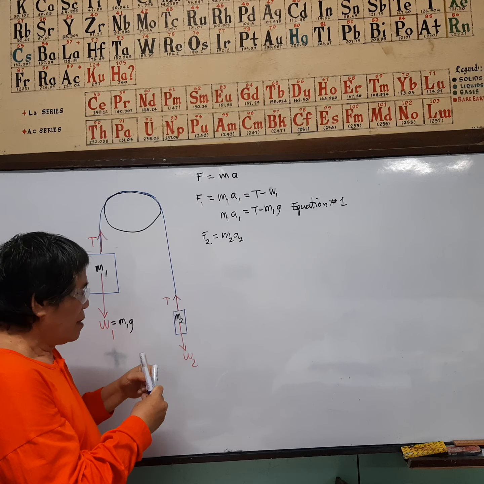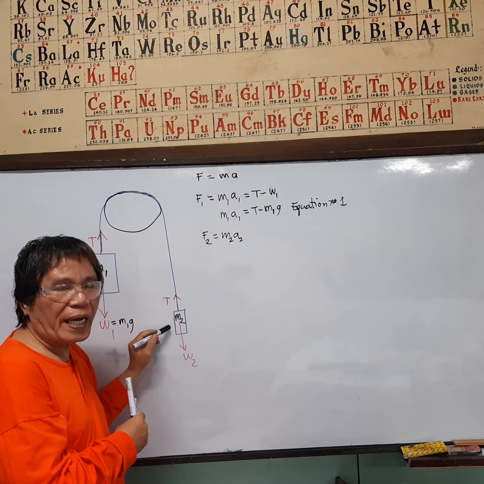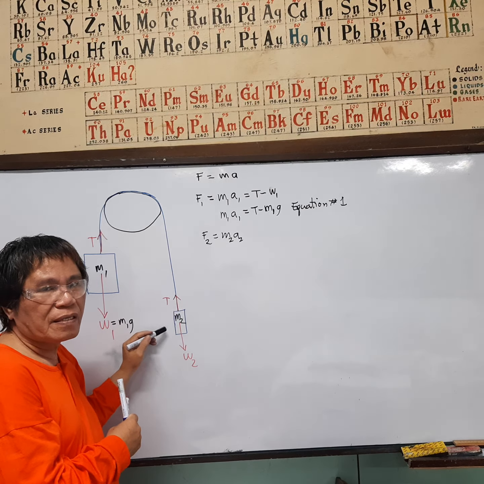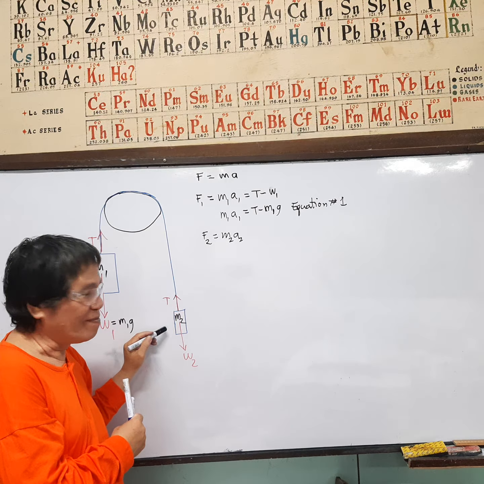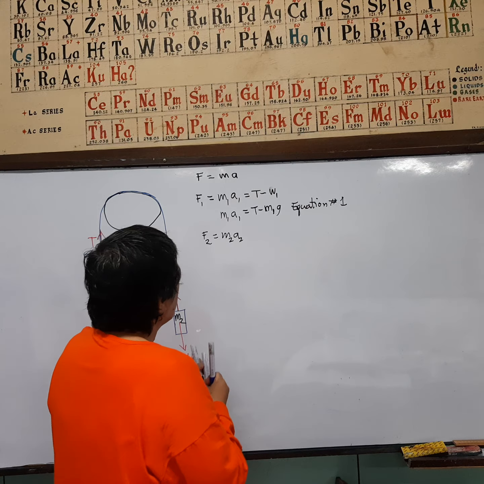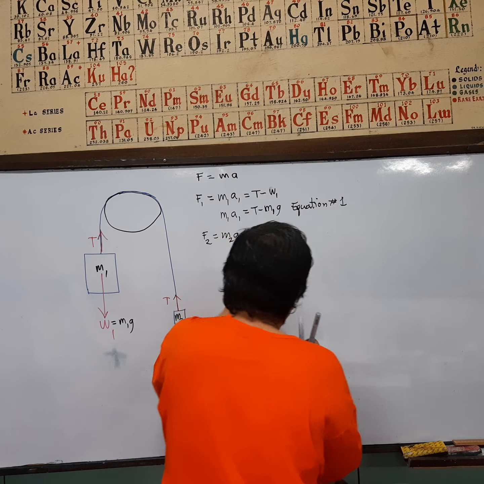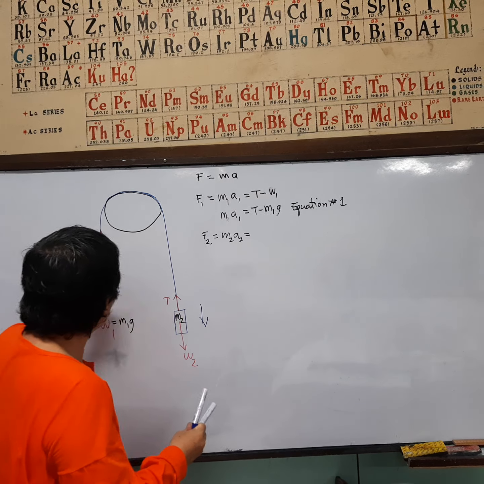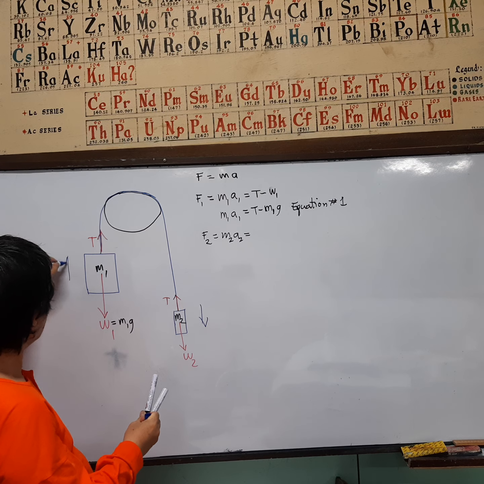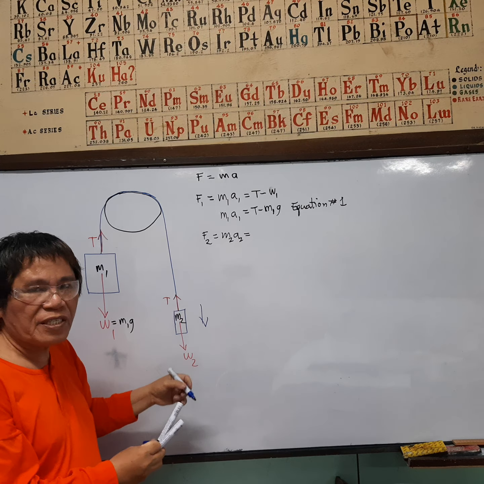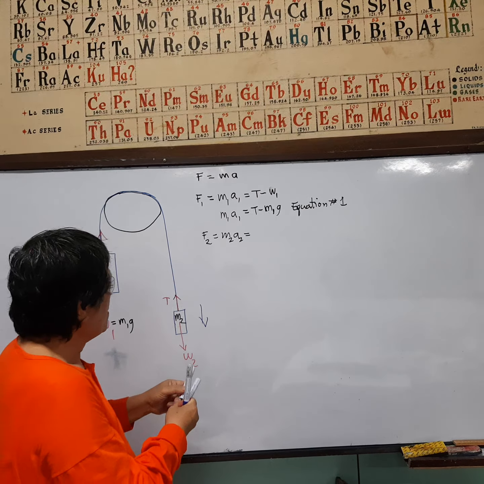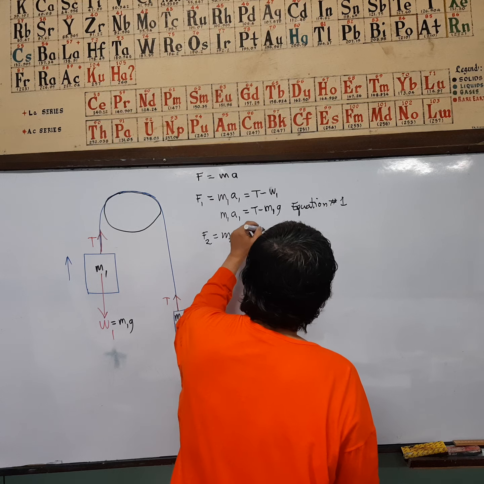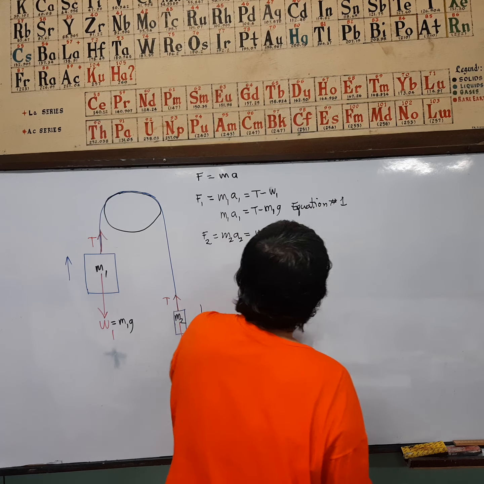Meaning, the mass of the counterweight, M2, times the acceleration of the counterweight, A2, is equal to, remember the elevator is going up, the counterweight is going down, W2 minus tension.